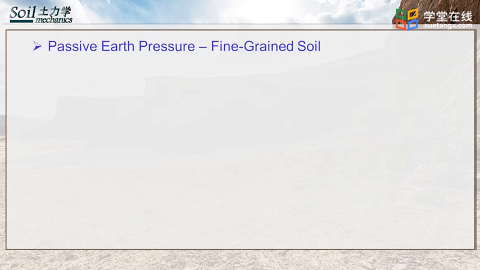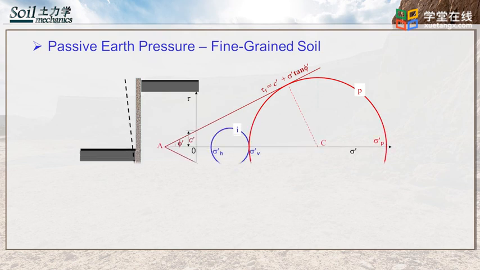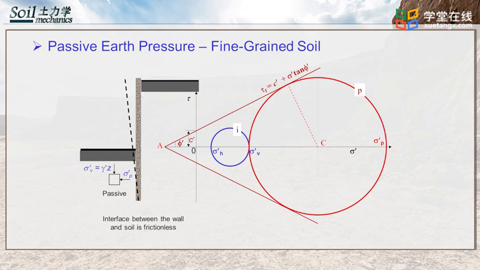For passive earth pressure in fine-grained soils, when the wall moves towards the soil on the left side of the wall, the effective horizontal soil pressure is increased from sigma h prime to sigma p prime. The soil's Mohr circle touches the failure envelope, meaning the soil has failed.